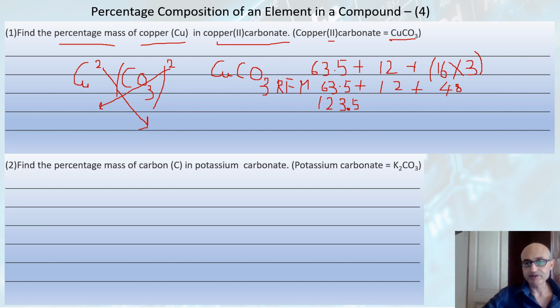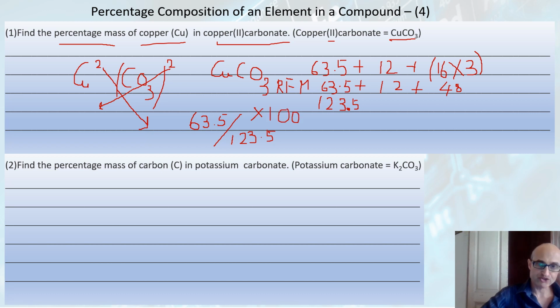Now, as we did previously, the examiner or your teacher is asking you to find the contribution of copper. So all you do is put the RAM of copper there as your numerator, and the denominator, you divide by 123.5, and since you are being asked to express it as a percent, as you do in mathematics, you have to multiply that by 100.